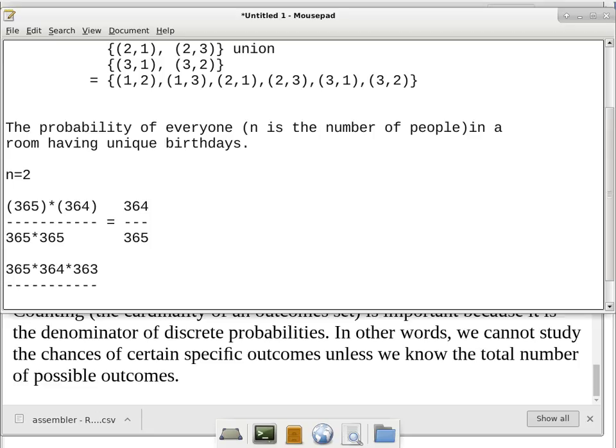The total number of ways to arrange birthdays of 3 people is 365 for the first person, 365 for the second person, and 365 for the third person. When you compute this ratio, the 365 still cancels, so we have 364 times 363 divided by 365 times 365.